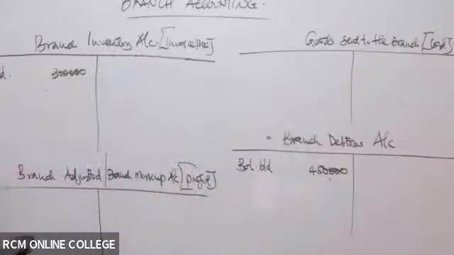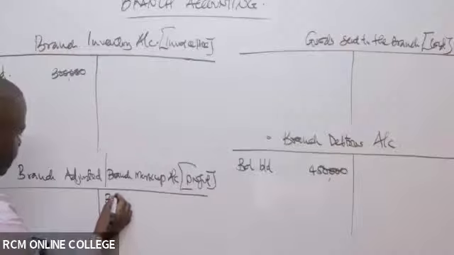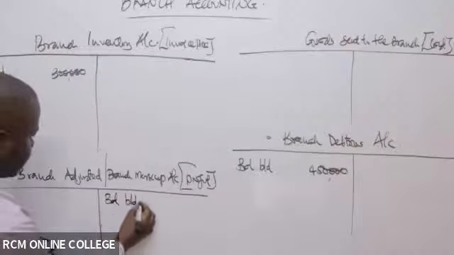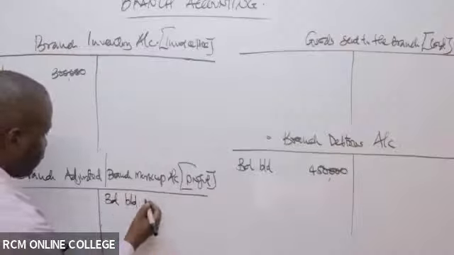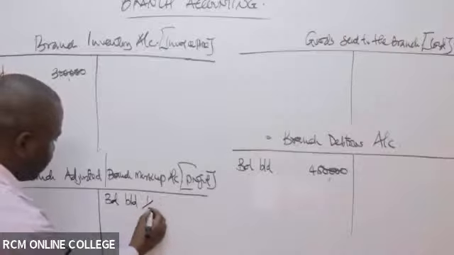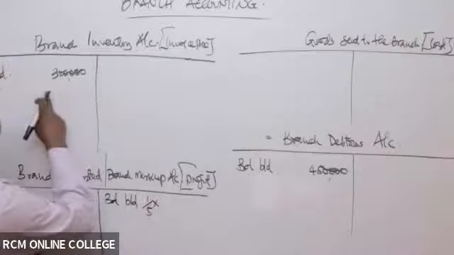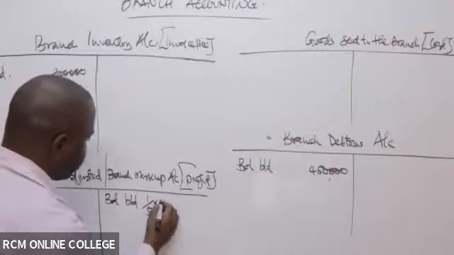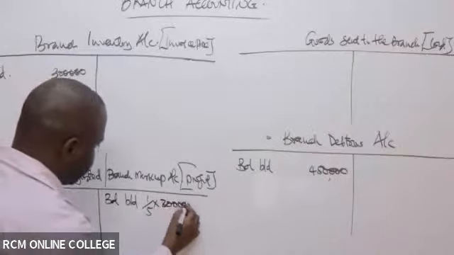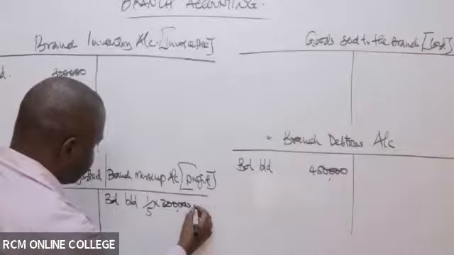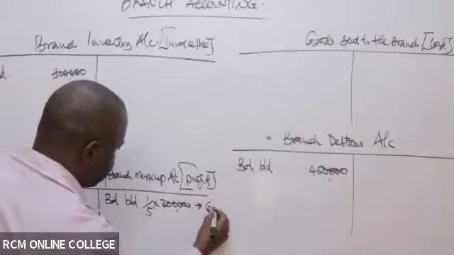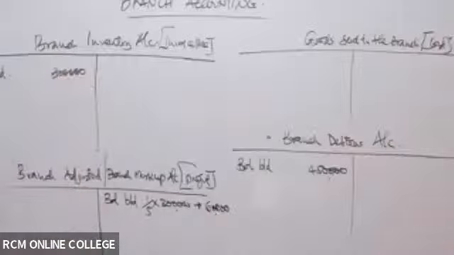So for our adjusted markup account, we'll have a credit of a balance brought down. You take what we've already converted, which is a fifth, multiplied by this amount, which is 300,000. So the balance brought down of 300,000 gives you 60,000. You get the profit element.